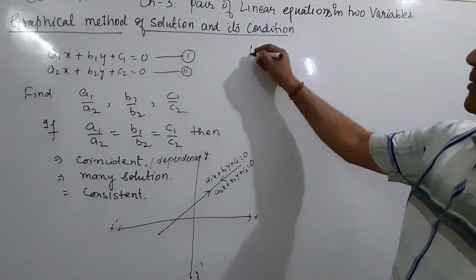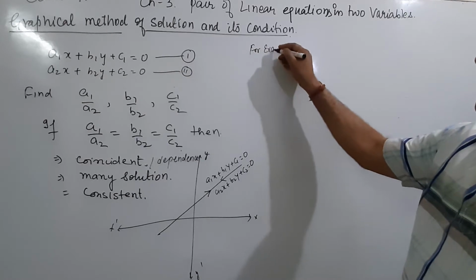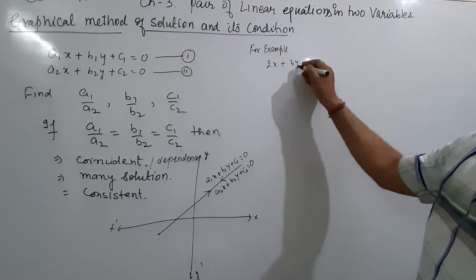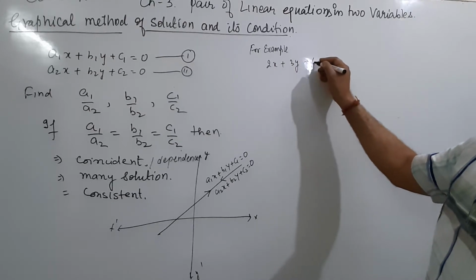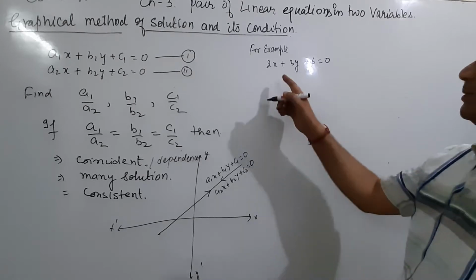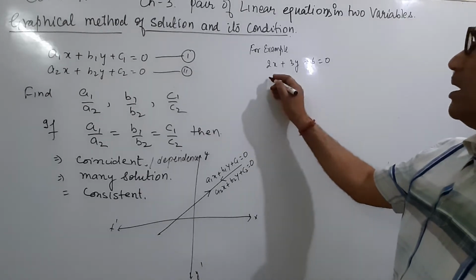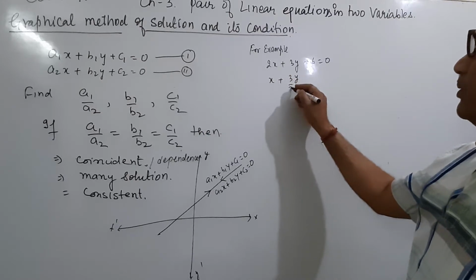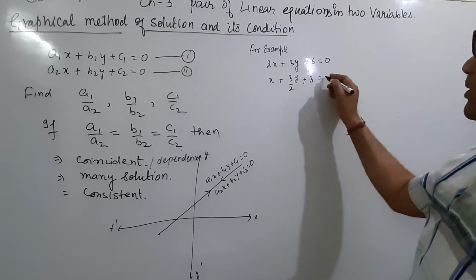For example, again, for example, 2x plus 3y plus 6 equals 0, and then x plus 3y upon 2 plus 3 equals 0.